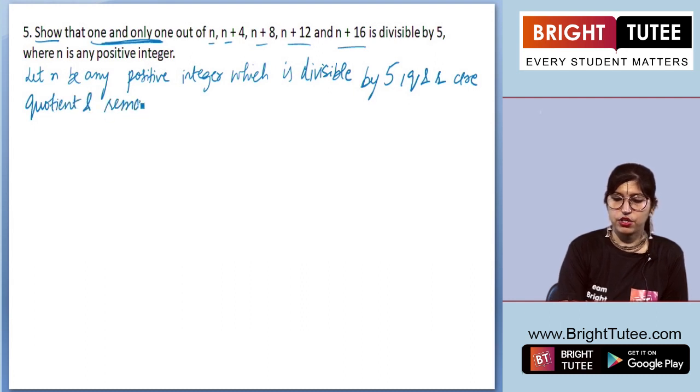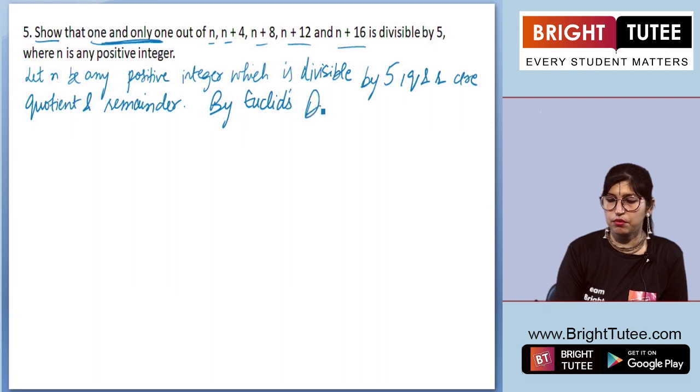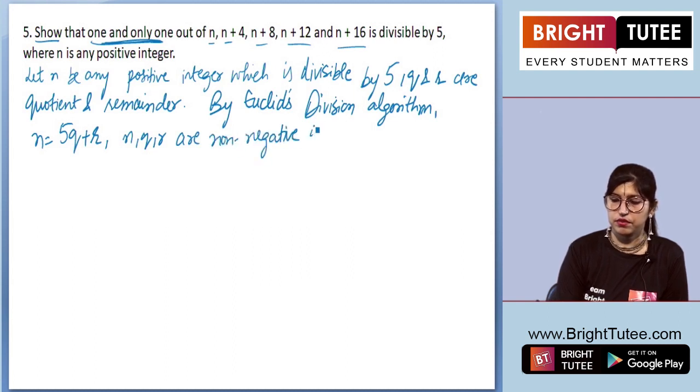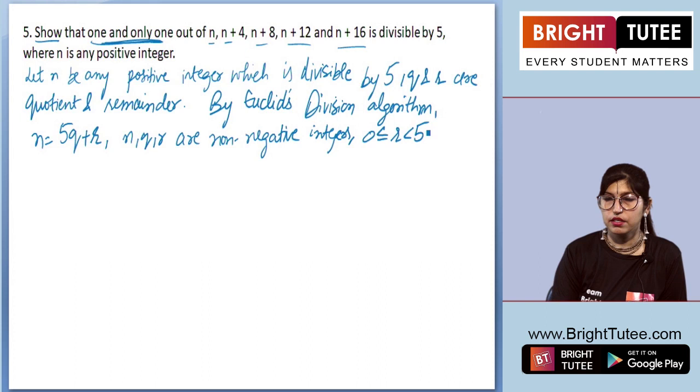So by Euclid's division algorithm, we will get n equals 5q plus r, where n, q and r are non-negative integers, and 0 is less than or equal to r is less than 5, which means r will be equal to 0, 1, 2, 3 and 4.